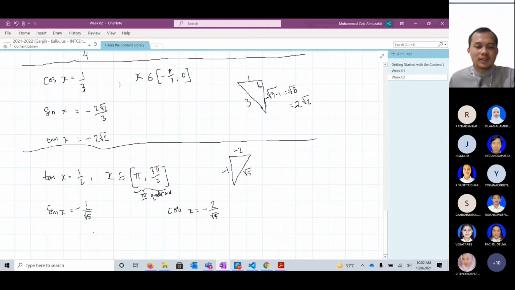That's why the value of sine of x and the value of cosine of x are both negative. So Rianti, you almost got the correct answer, but please be more attentive to this interval.